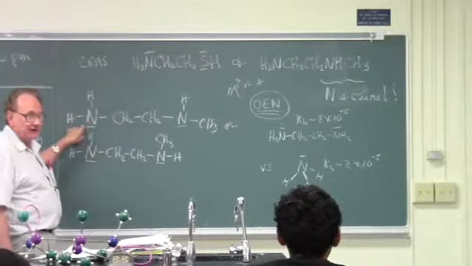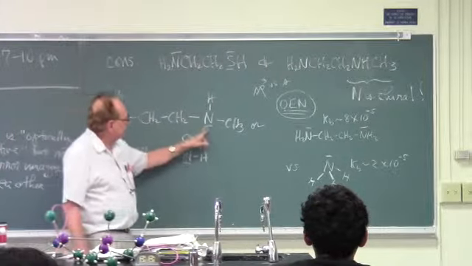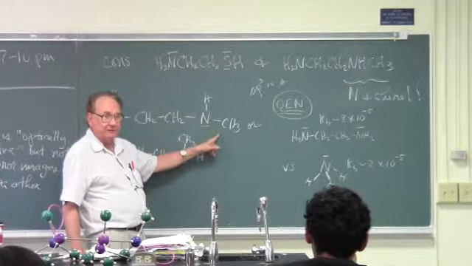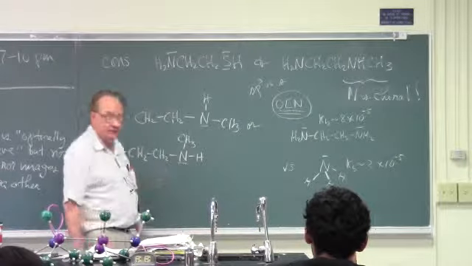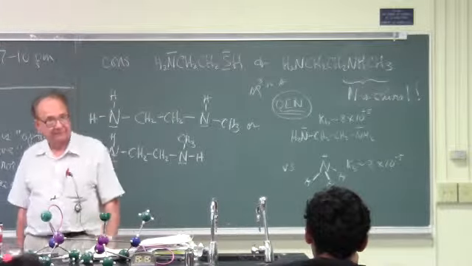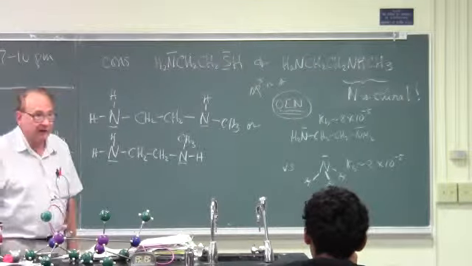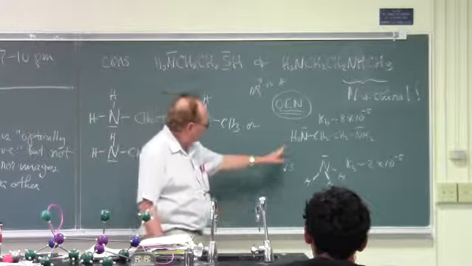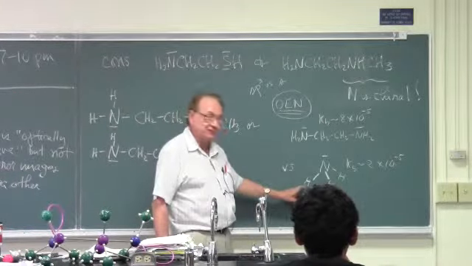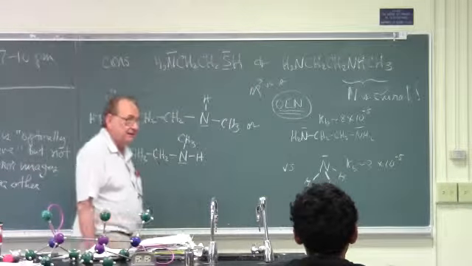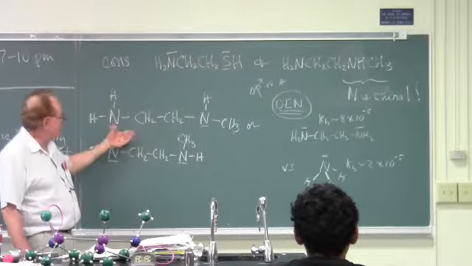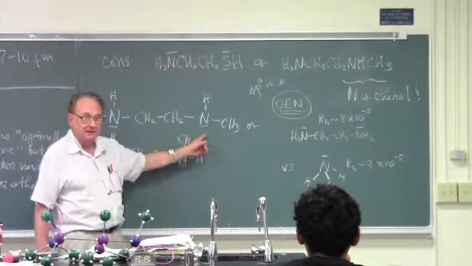This nitrogen atom is connected only to hydrogen atom. This nitrogen atom connected to a hydrogen atom, but also a methyl group. Which one of these nitrogens is the better donor atom? Based on what we have come to know about the properties of ethylene diamine versus this. Which of these is the better donor atom? This nitrogen or this nitrogen?